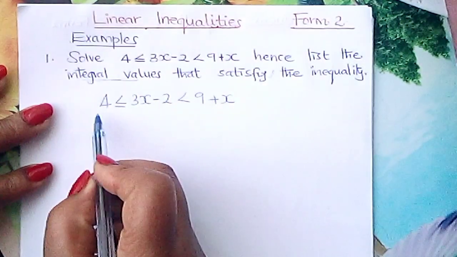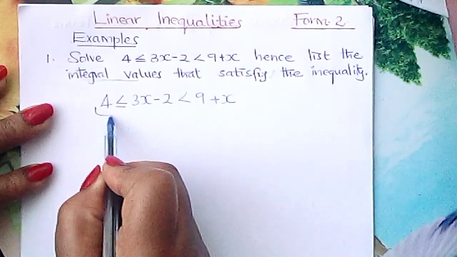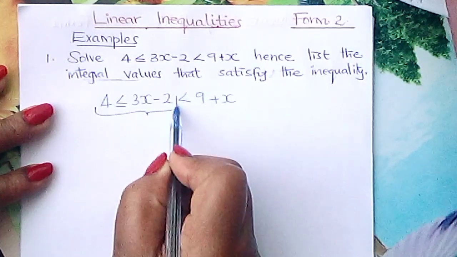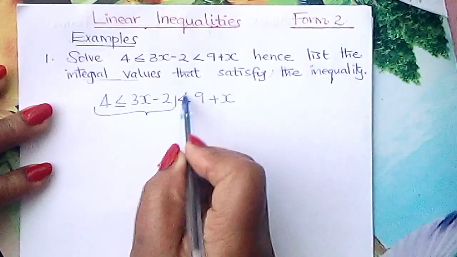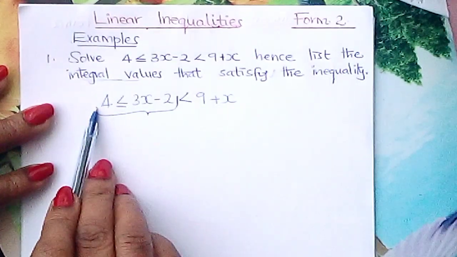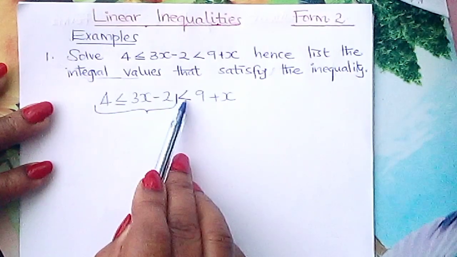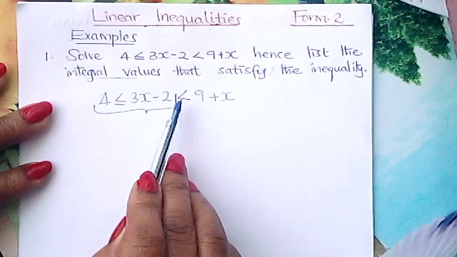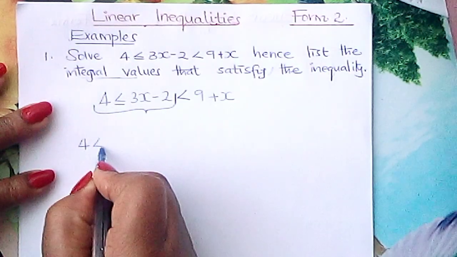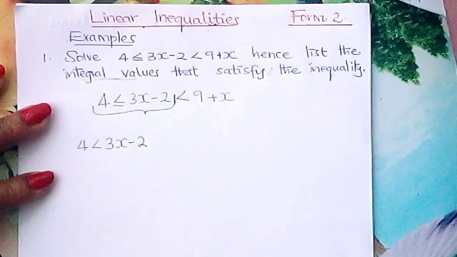The first inequality starts from here, all the way up to just before the second inequality sign. So you write it down: 4 less than or equal to 3x minus 2. That is the first one.